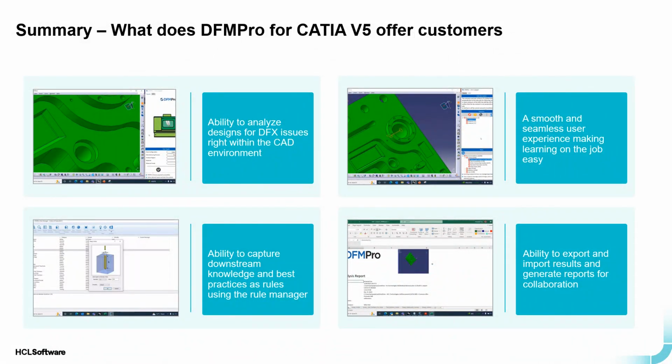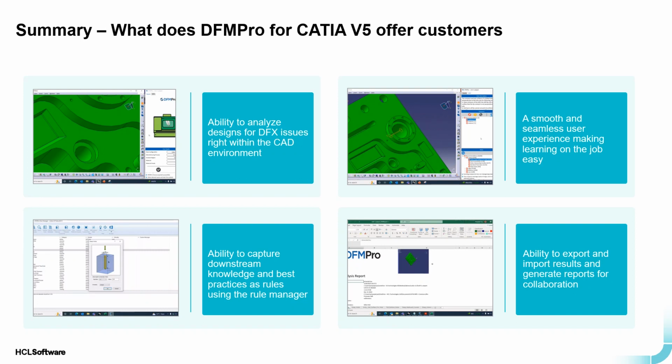Now that we have spent some time going through a demonstration of DFMPro for CATIA V5, let us summarize what we have seen. DFMPro offers customers an ability to analyze designs for DFX issues right within the CAD environment and take corrective actions immediately. DFMPro offers a seamless CAD integrated user experience which is replicated across CAD environments.